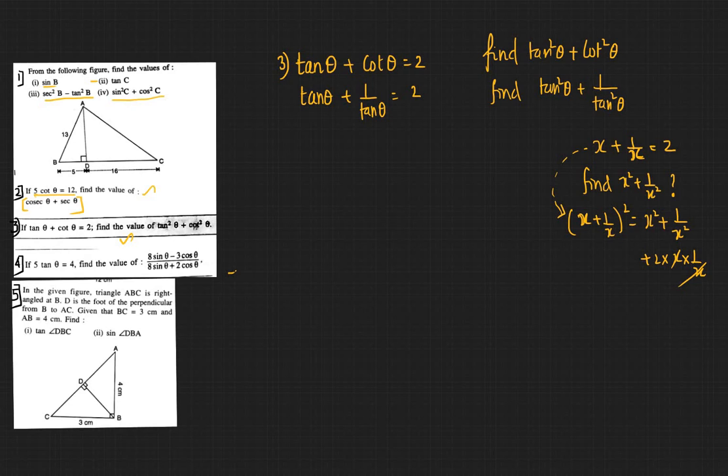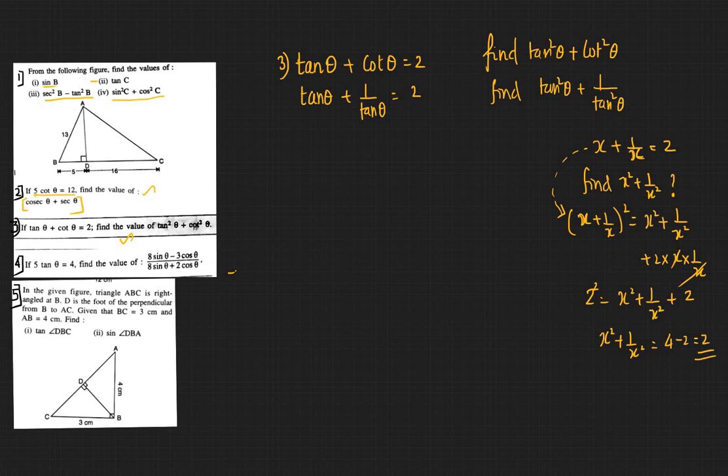So what you can do is substitute this 2 here, so you can say 2 squared is x squared plus 1 by x squared plus 2, or in other words you get x squared plus 1 by x squared equal to 4 minus 2, that is 2.